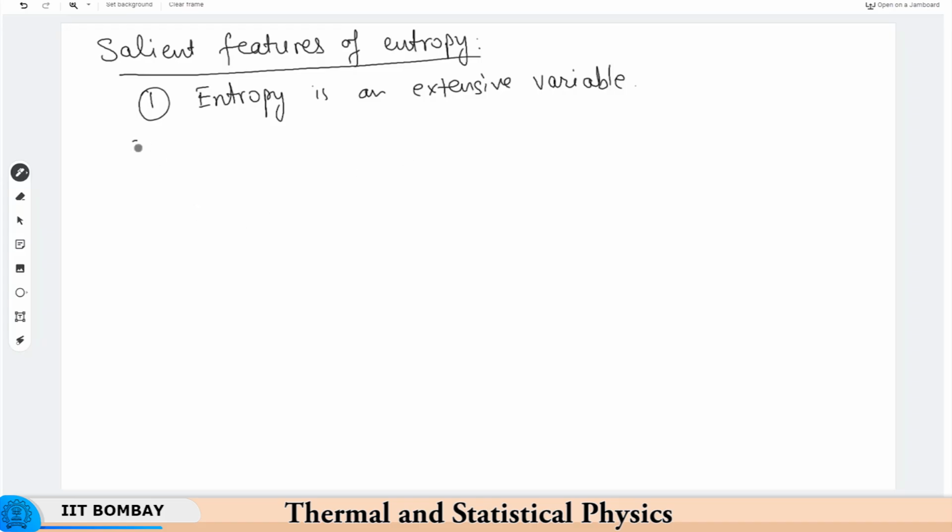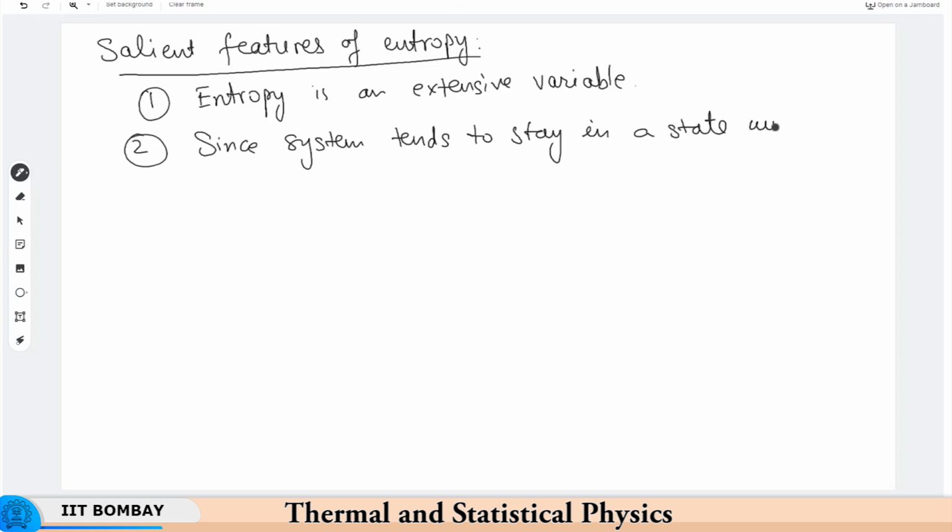And also we saw in this class that the reason entropy is maximized is that the system tends to stay in a state with more number of microstates, which is omega.